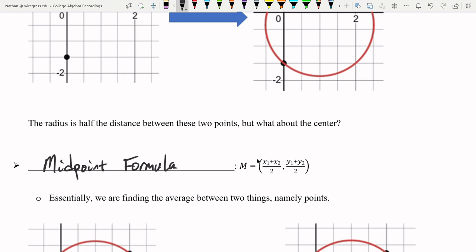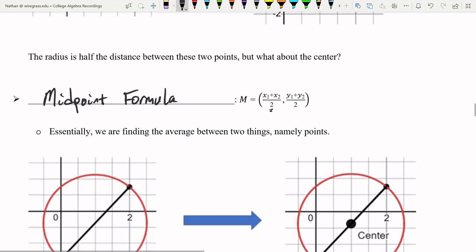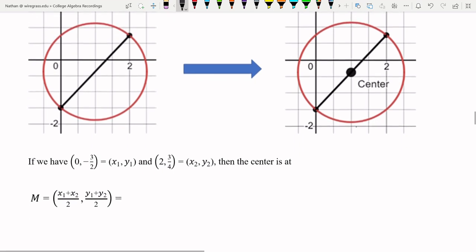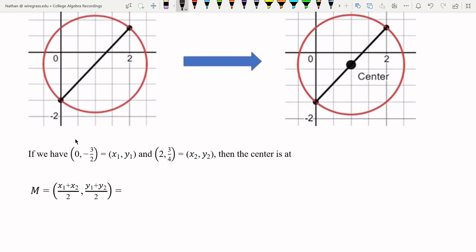Here we're only adding up 2 numbers, so we're going to divide by 2. And that's all this is: the average between the x values and the average between the y values. So all we have to do is find this average between these 2 points, and that will give us the location of the center here. Let's go ahead and do that.